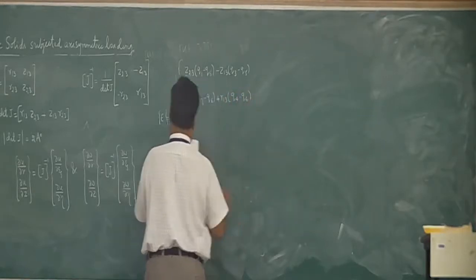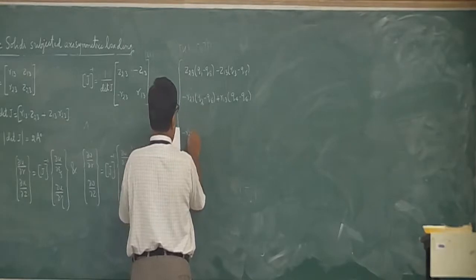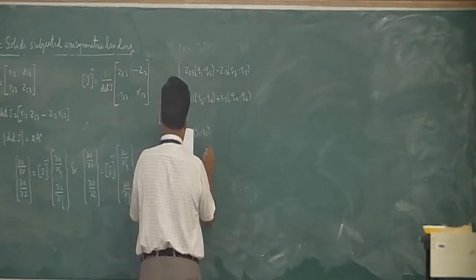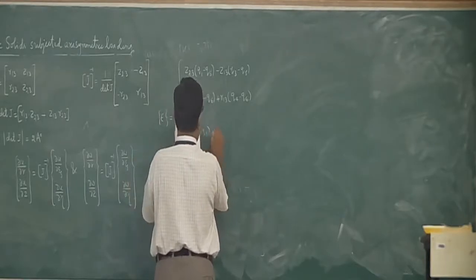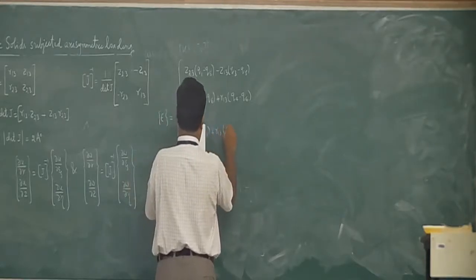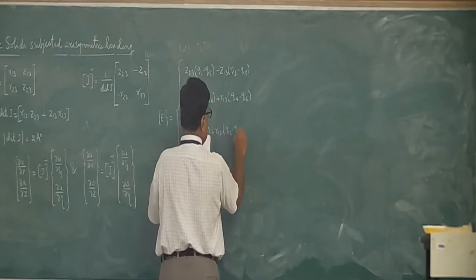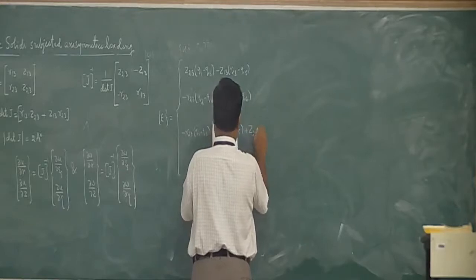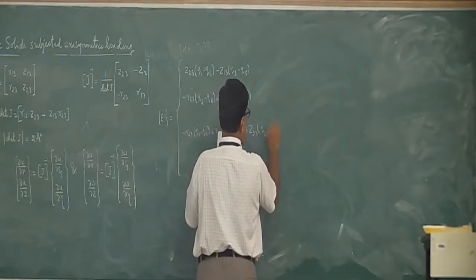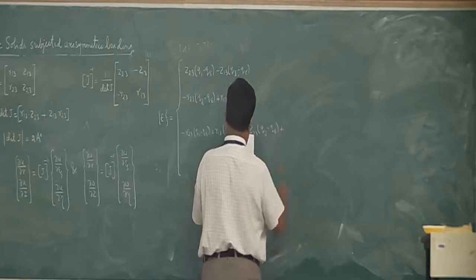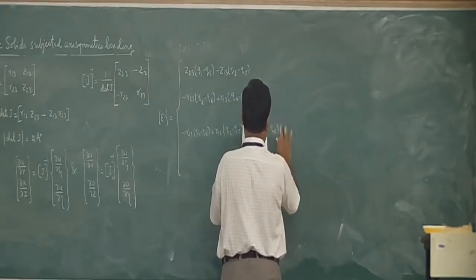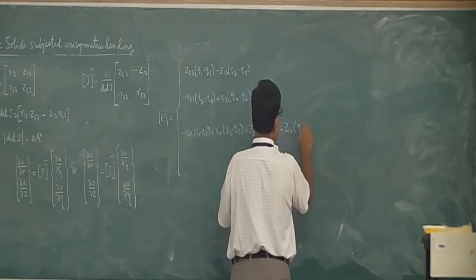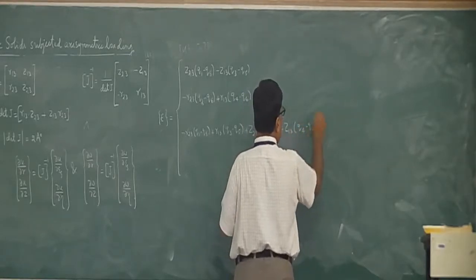Whereas here, minus R23 (Q1 minus Q5) plus R13 (Q3 minus Q5) plus Z23 (Q2 minus Q6) minus Z13 (Q4 minus Q6).